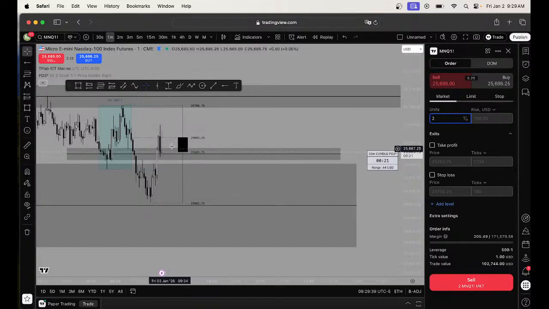For bearish narrative, I like how this is forming right here. It's kind of struggling to go higher. But the 9:30 candle, it's like a news candle. We couldn't know where it goes, but it could wick up all the way up here and straight go down. But we'll wait and see.